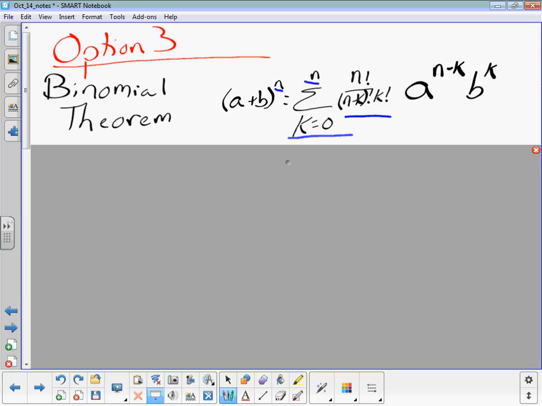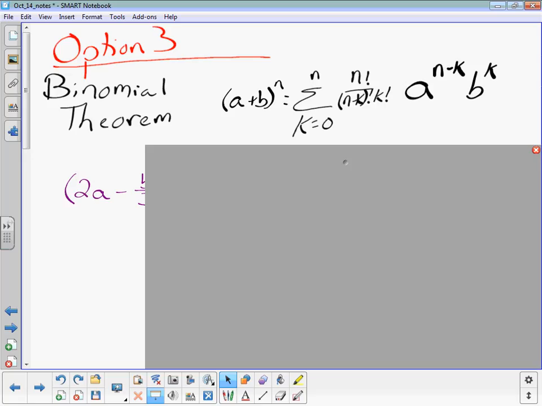And then we have the formula: n factorial over (n minus k) factorial times k factorial, times the terms a to the n minus k power and b to the k power. So that's the theorem. Now the problem that we had yesterday was (2a minus b over 3) to the 6th power.